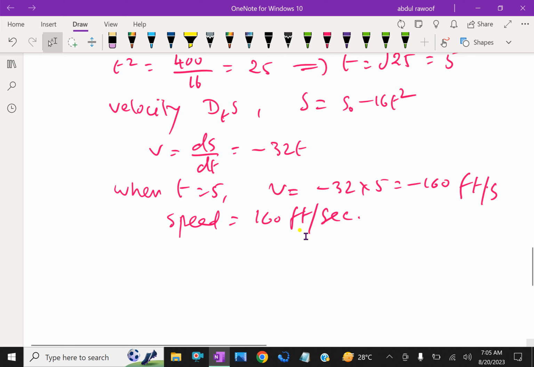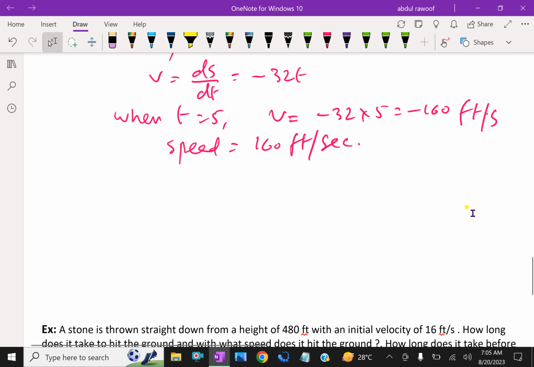To change to miles per hour, you have to multiply 15 by 22. Feet per second is there. First we have to find feet per hour. How to calculate feet per hour? 160 into 3600 is feet per hour.